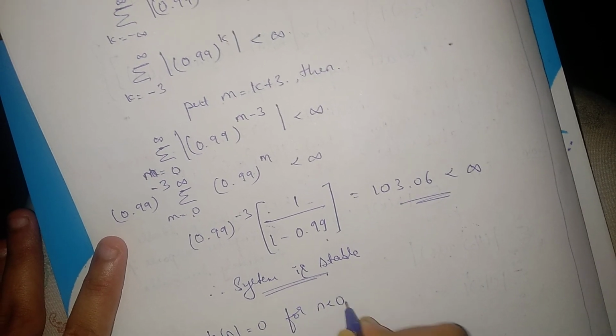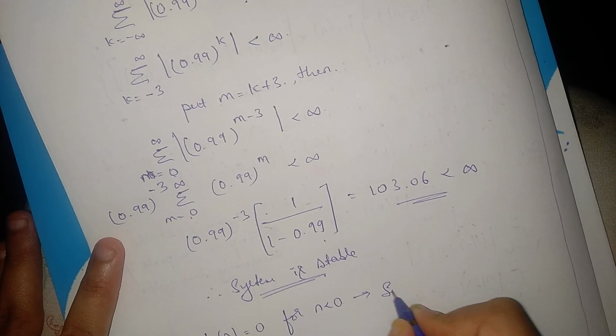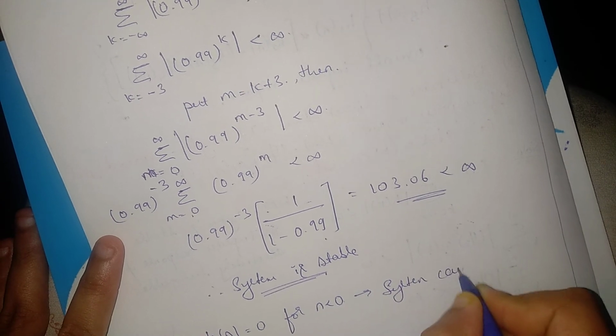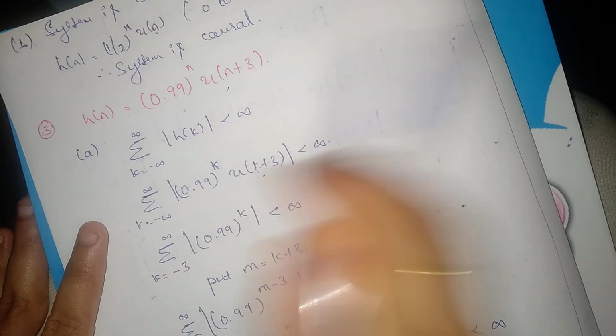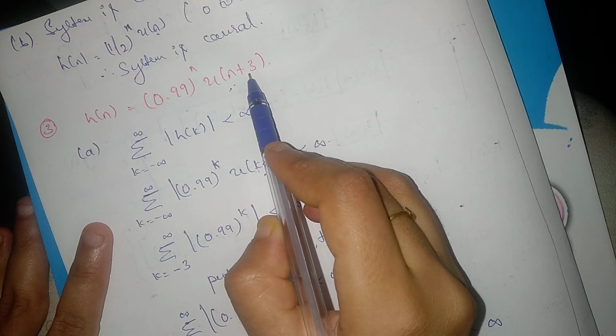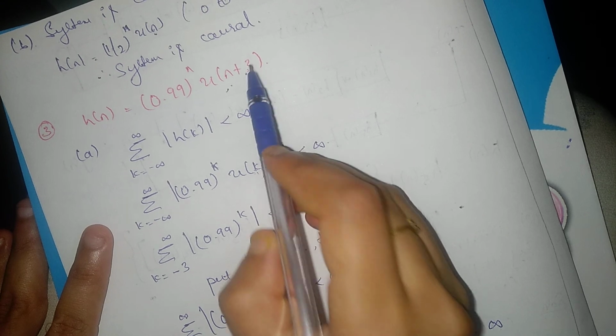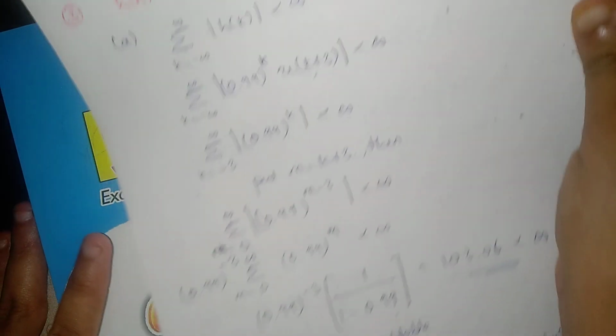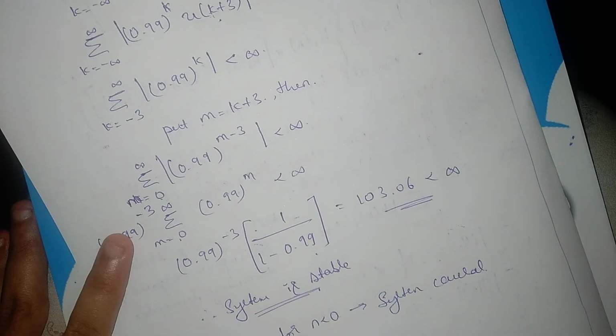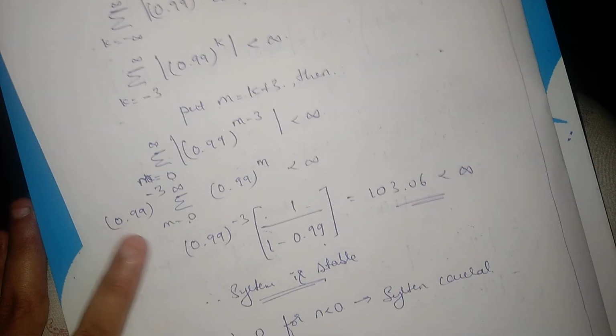Okay, next to check the causality we have to see h of n is equal to 0 for n less than 0. This we need to check if the system is causal. So here h of n as u of n plus 3 is given. N plus 3 means it starts from minus infinity. So here we have values for negative values.